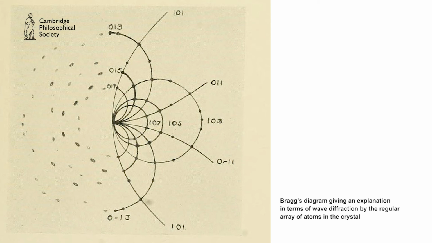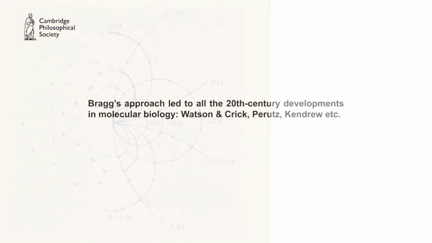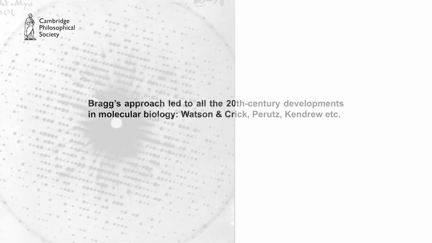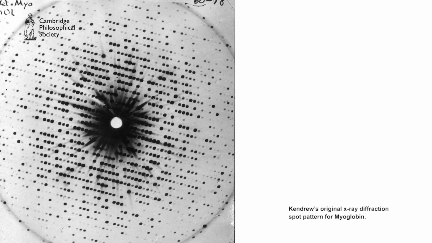And that became really, really important for Cambridge science later in the 20th century, because it led to all the stupendous work on molecular biology, a whole string of Nobel Prize winners, Watson and Crick for DNA, Perutz, Kendrew, there are lots and lots of them, and it still continues, all based on Bragg's insight on how you could interpret an X-ray diffraction pattern, provided you could persuade your molecule to crystallize, and that was the clue to doing DNA and so on.